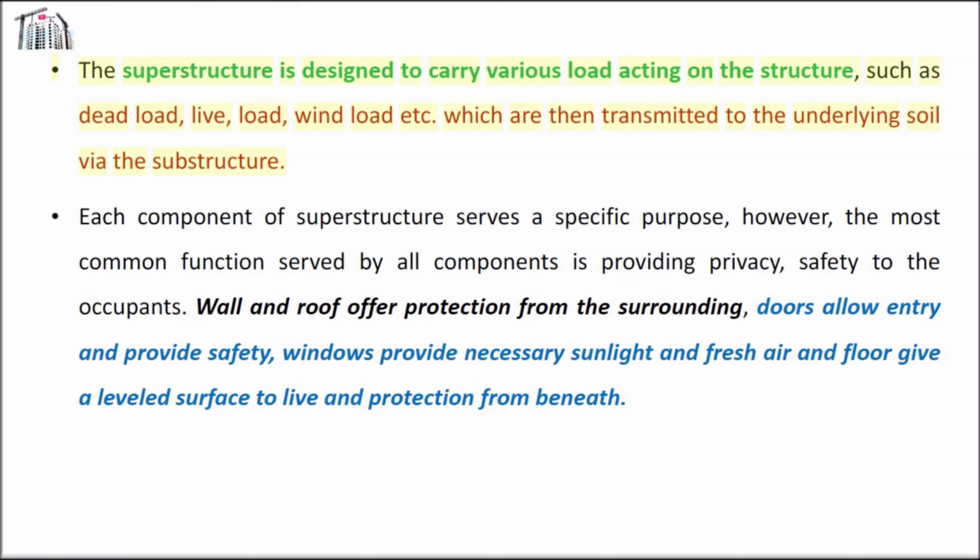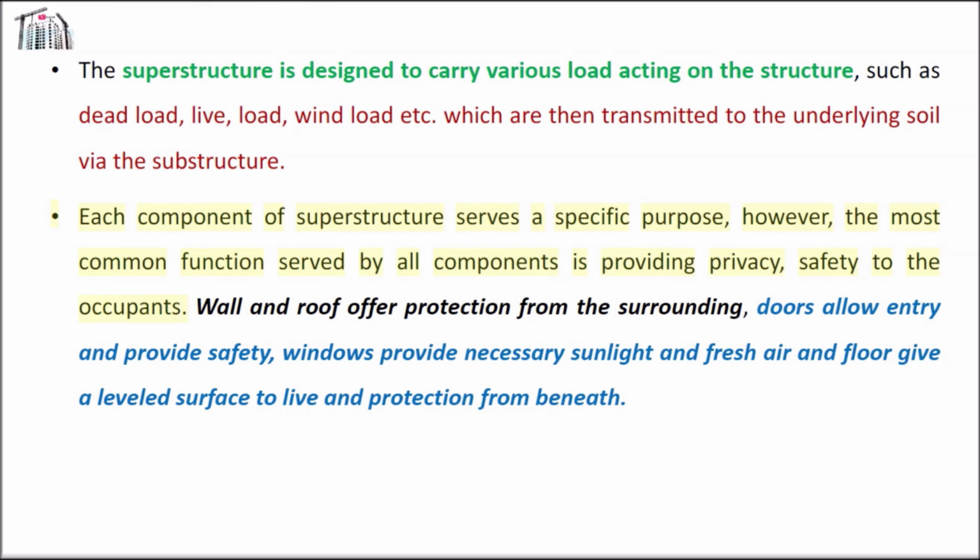The superstructure is designed to carry various loads acting on the structure, such as dead load, live load, wind load, etc., which are then transmitted to the underlying soil via the substructure. Each component of the superstructure serves a specific purpose.